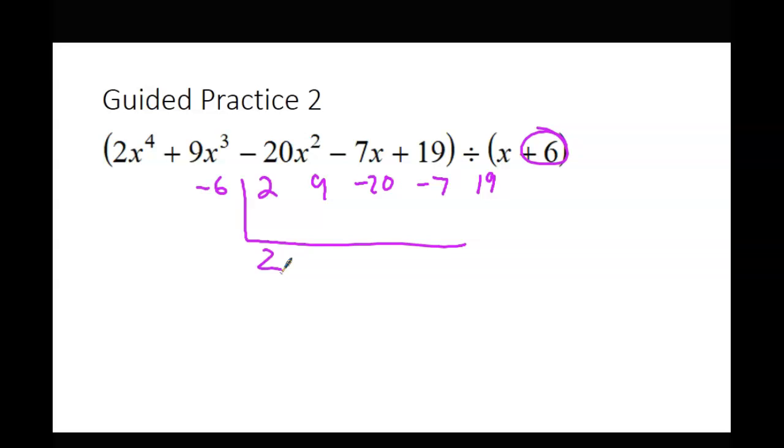Anaya Patterson. What do I do now? Where's Patterson? Is she gone? She's dead. Okay. Let's try Dylan Smith. What do we do now? Oh, multiply -6 and 2. That's -12. Where do I put it? Right underneath the 9. Good.